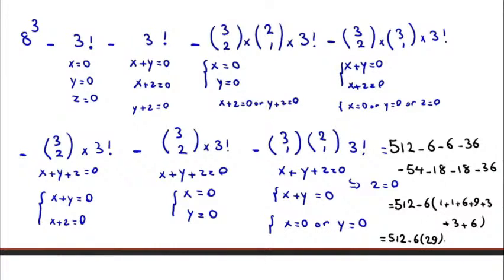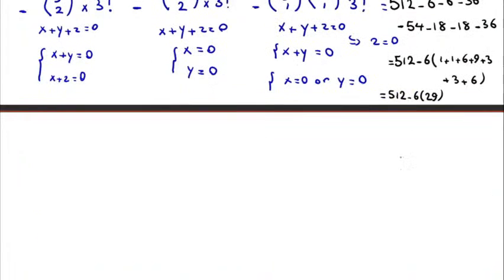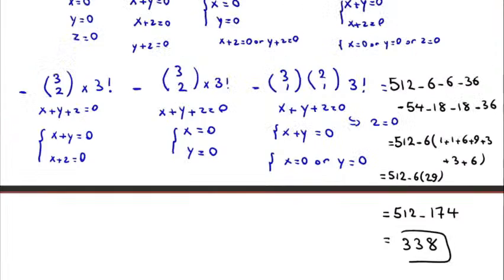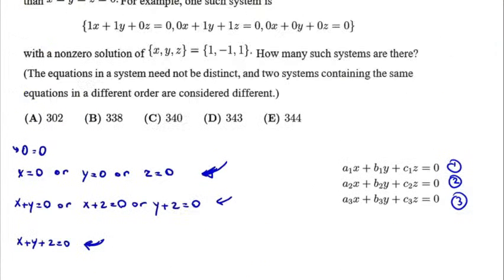And if you calculate this, let me show you here. It will be 512 minus 6 times 29, which gives 338. So the answer is 338. And the answer will be B.